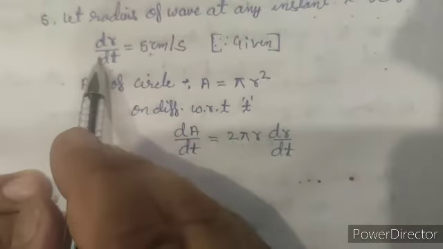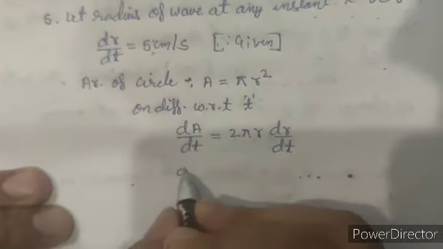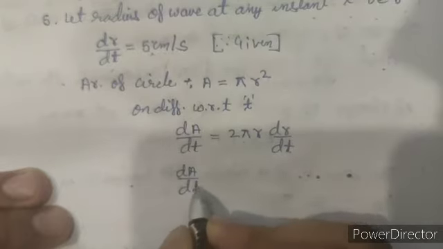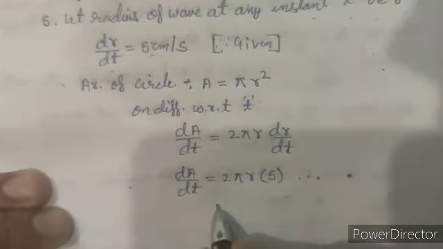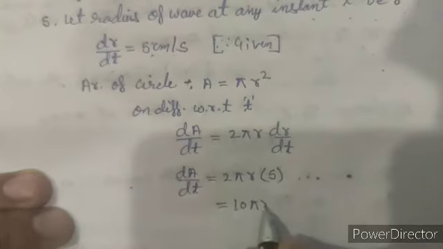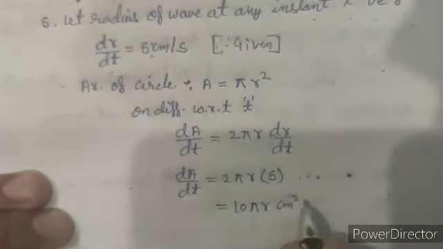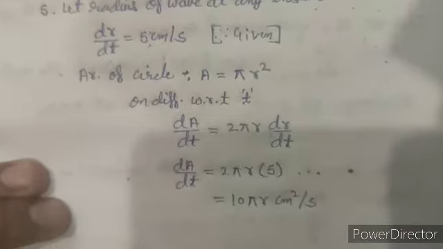Now dr by dt was already given to us, so dA by dt will be equal to 2 pi r into 5, and that will be 10 pi r centimeter square per second.